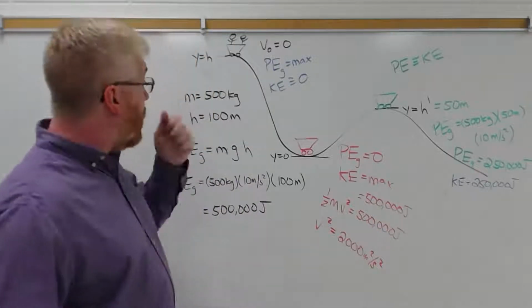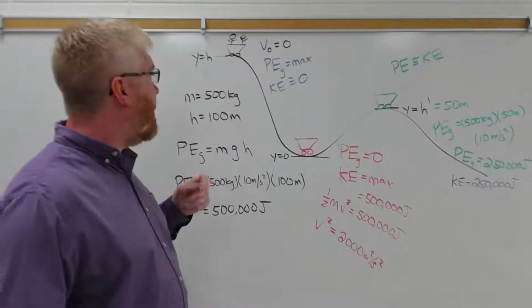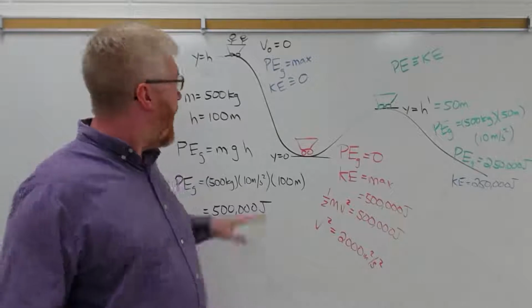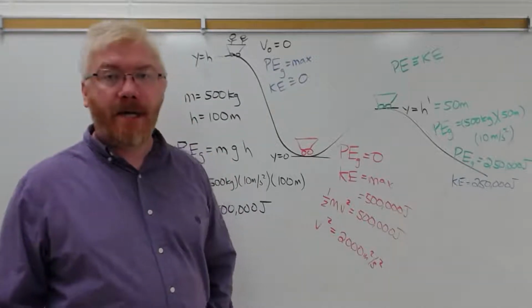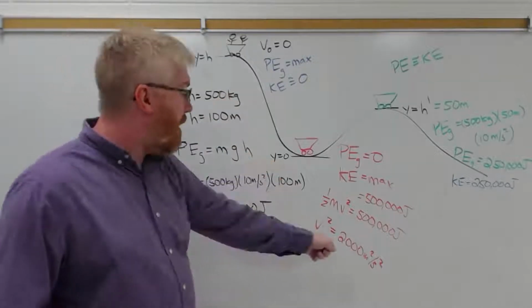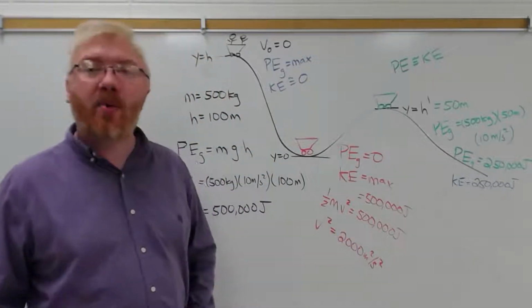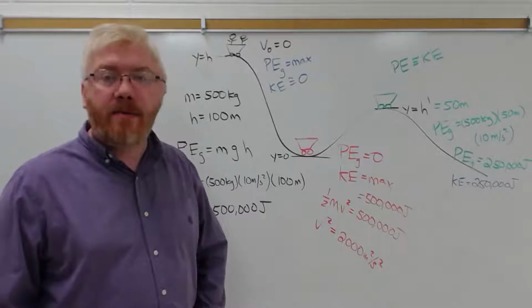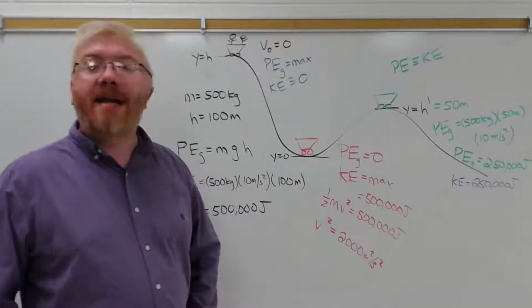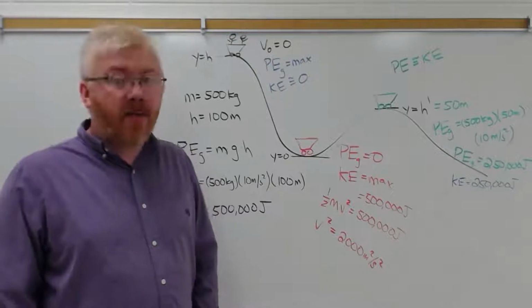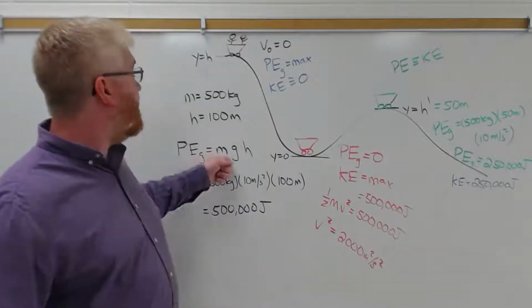Because I know what the total energy is, in fact, the way I have this set up, the mass of the cart actually doesn't even matter. I could double the mass of the cart and the speed would still be the same at all points, assuming no friction, no air resistance. Because kinetic energy is 1/2 mv squared and gravitational potential energy is mgh.